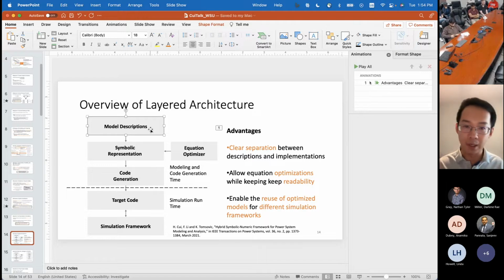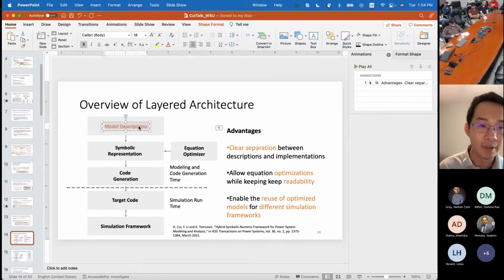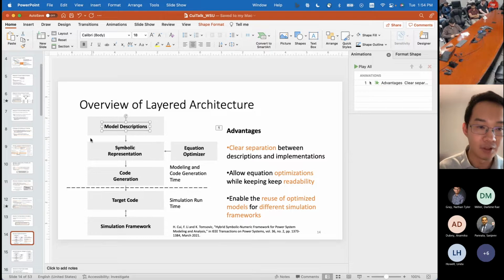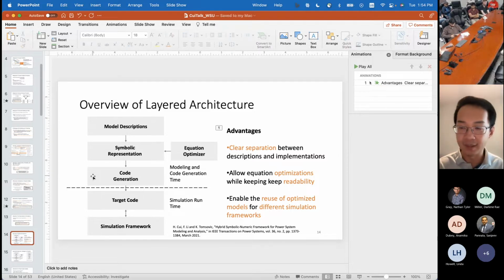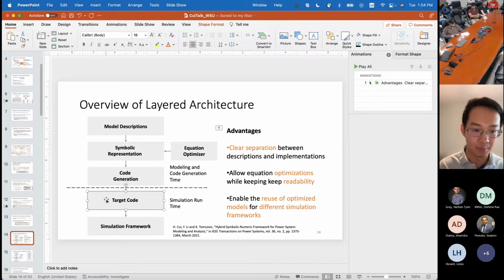We only want to describe the models without caring about the specific implementation. So we can write one model description and generate code for PSSE, and at the same time generate code for TSAT or PowerWorld or others. But if one had programmed a model in PSSE, there's no way to generate code for TSAT unless we completely rewrite it. So this is one of the major differences in modeling.